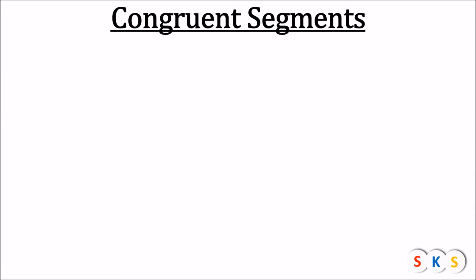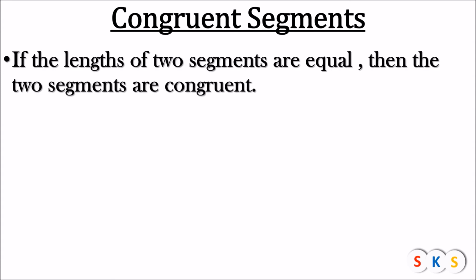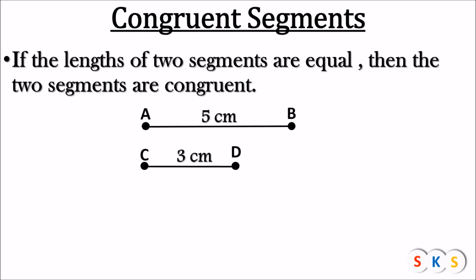What are congruent segments? If the lengths of 2 segments are equal, then the 2 segments are congruent. Here we have segment AB of length 5 cm, segment CD of length 3 cm, segment PQ of length 5 cm.